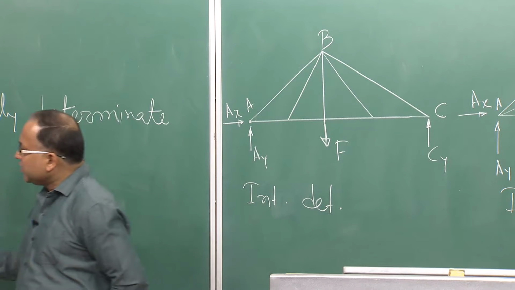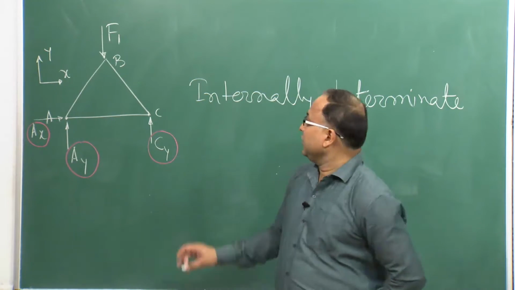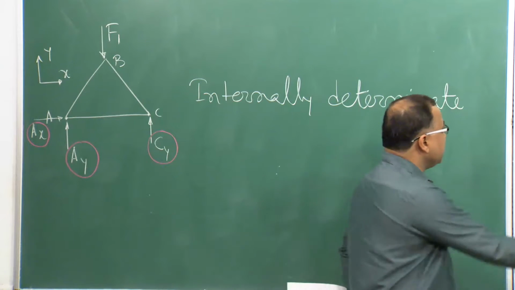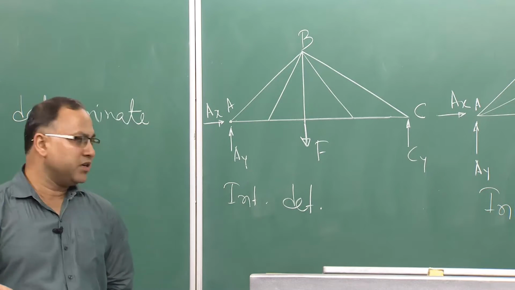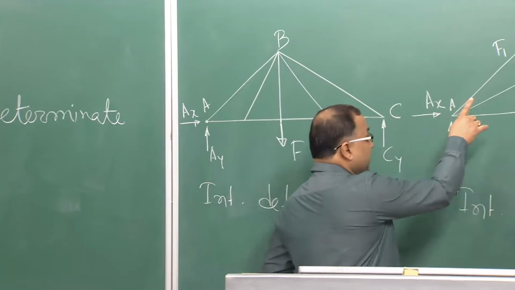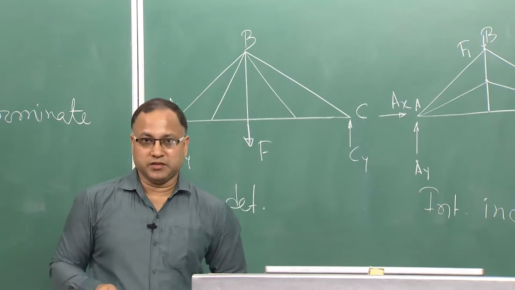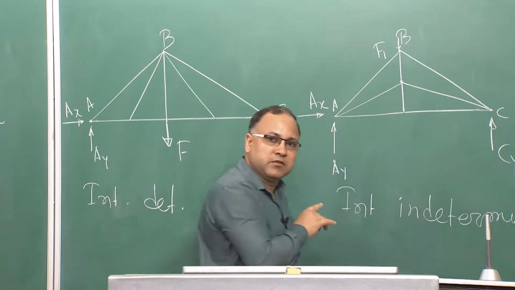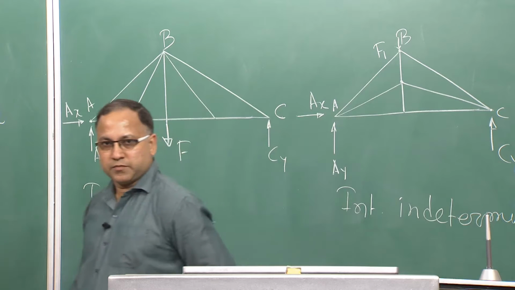Externally determinate means you can get all the support reactions, internally determinate means you can get all the member forces. Similarly, this structure is also externally determinate as well as internally determinate. This structure is externally determinate, but internally indeterminate, because you can find out all the support reactions, but you cannot find out all the member forces.